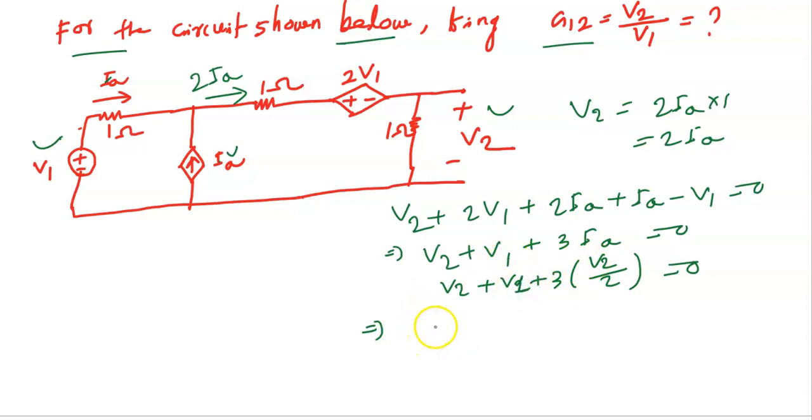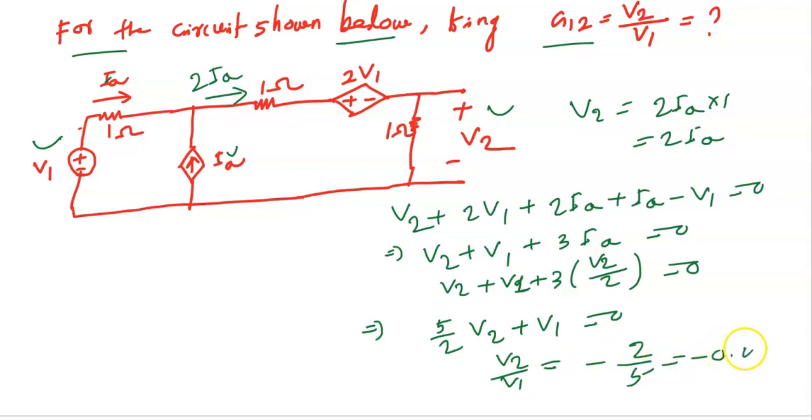So we have 5 upon 2 V2 plus V1 equal to 0, since 3 into 2 and 2 gives 5 upon 2. So V2 upon V1 will be minus 2 upon 5, which is minus 0.4. So quite easily done. This is a typical engineering services or GATE question.